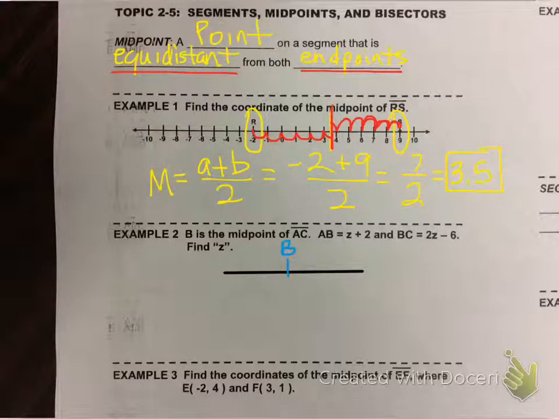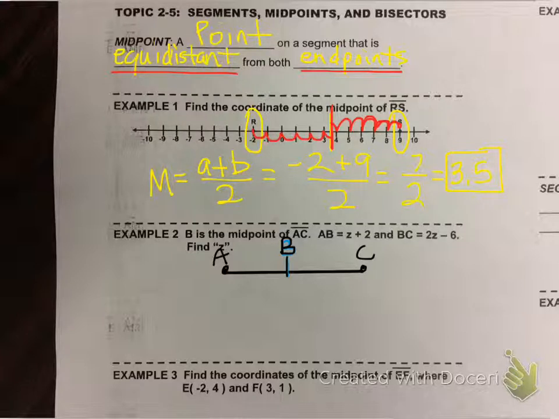It's hard to see that, I'll change it. So B is in the middle. A is one endpoint, and C is the other endpoint.